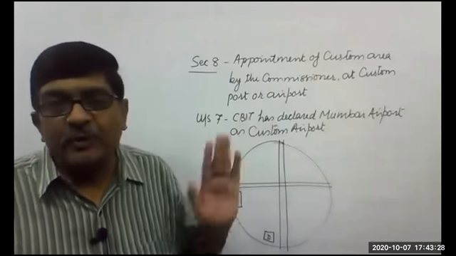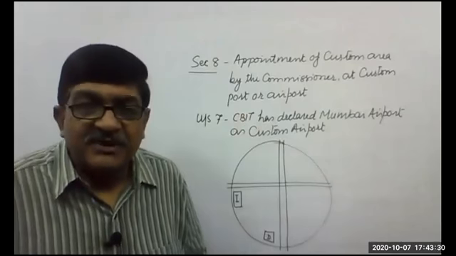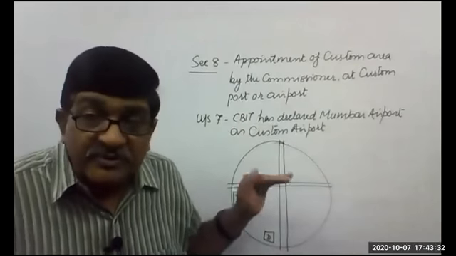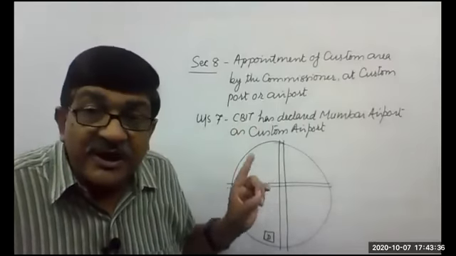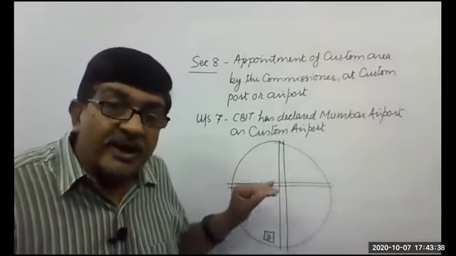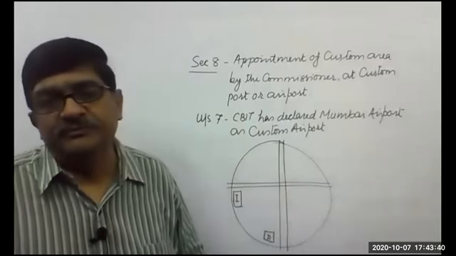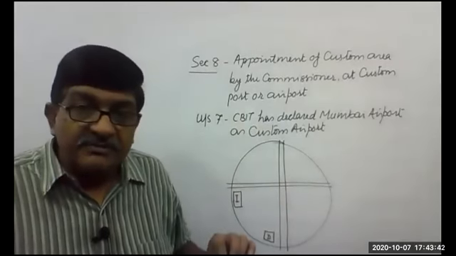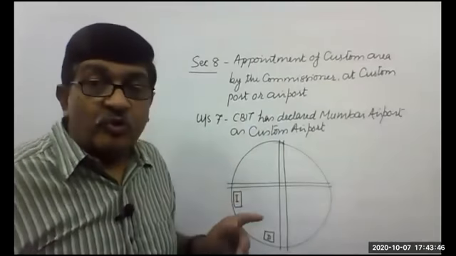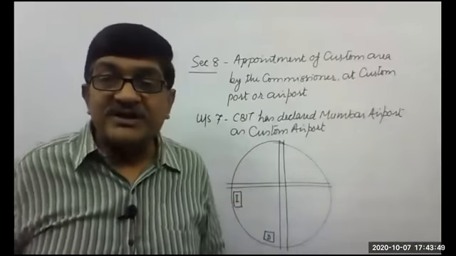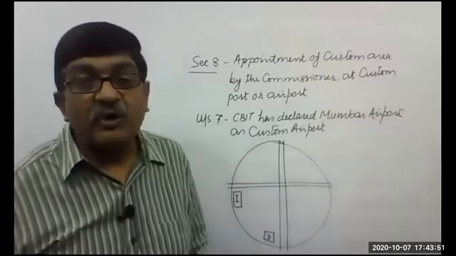It is not the whole airport. I will explain the purpose of the custom area, but first understand this. CBIT is declaring that Mumbai airport is a custom airport, and under Section 8, the commissioner having jurisdiction over Mumbai airport will decide which area will be called the custom area.